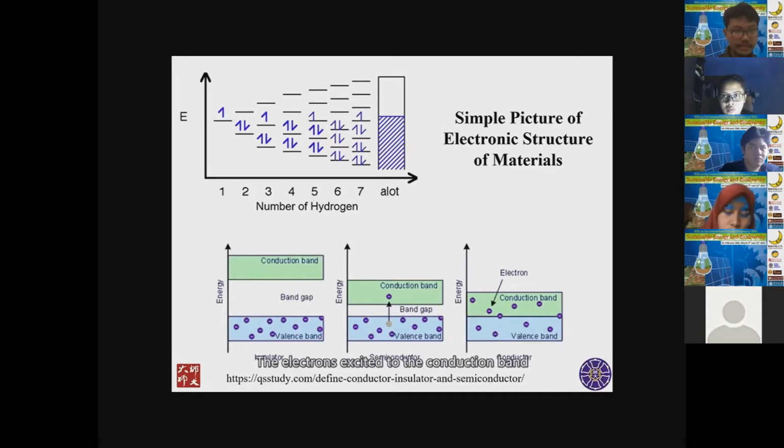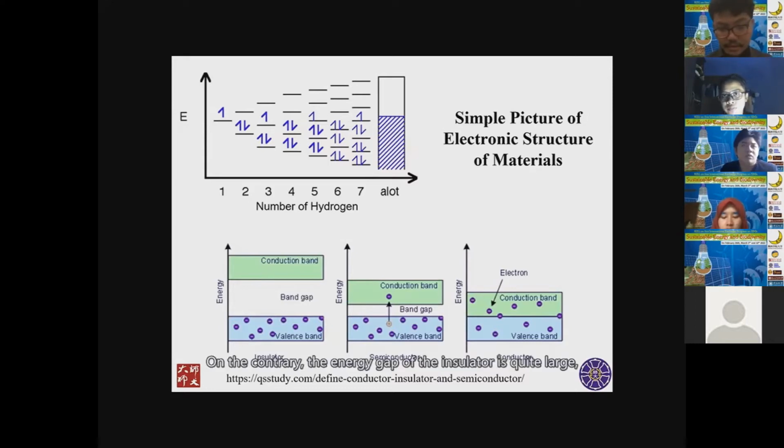The electrons excited to the conduction band have enough energy to move freely inside the solid, which means that the solid can conduct electricity. In the picture below, the conduction band of most metals overlaps with the valence band, or the energy gap between them is very small. So it is very easy to conduct electricity.